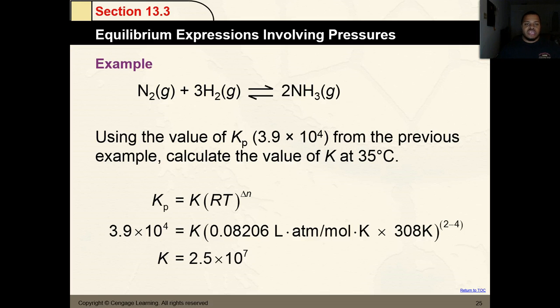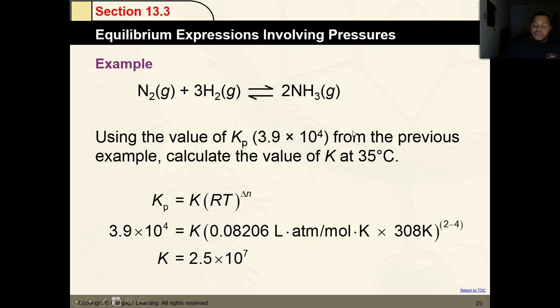Now, as an example, we found that the value of our Kp was 3.9 times 10 to the 4, and we're still at 35 degrees Celsius. So now we're just going to plug in the values that we have, some of which are given to us and the other ones we had to find.